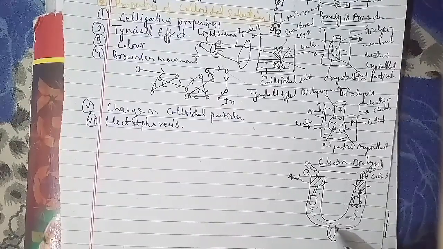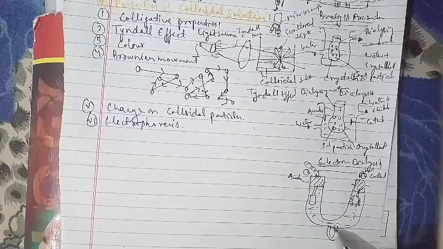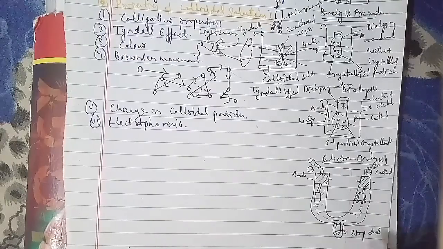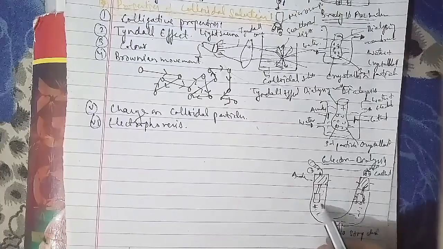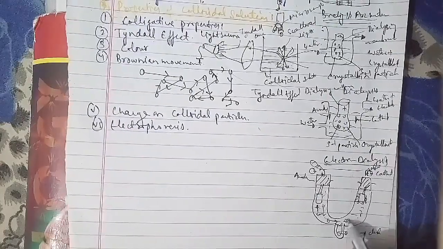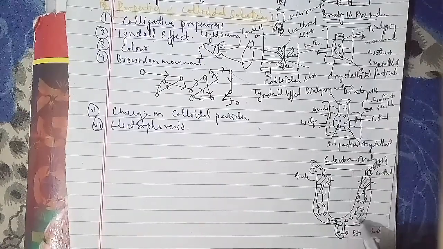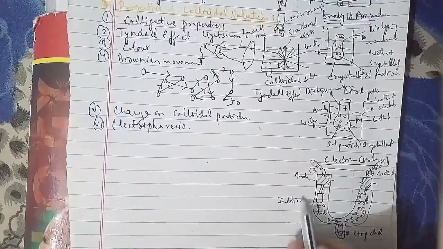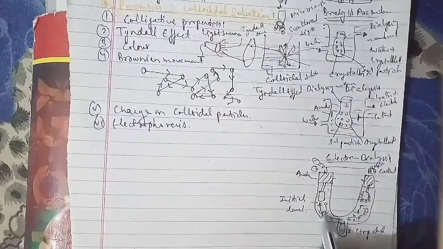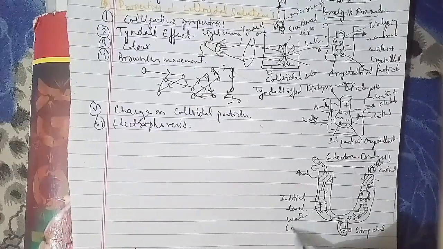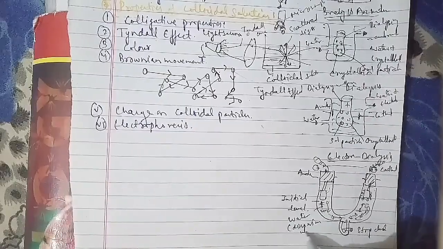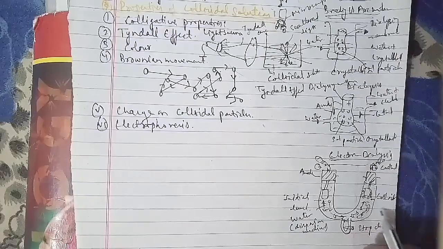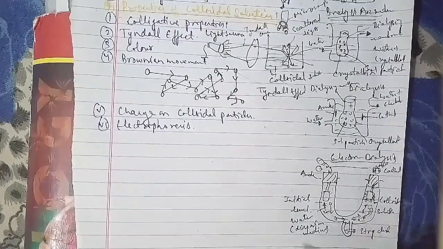This is the initial level. This is your water, which is the dispersion medium. This is your colloidal solution. Electrophoresis is what we are representing here.